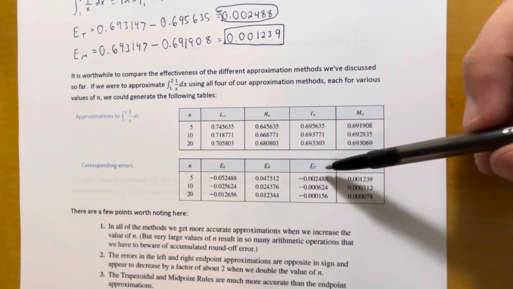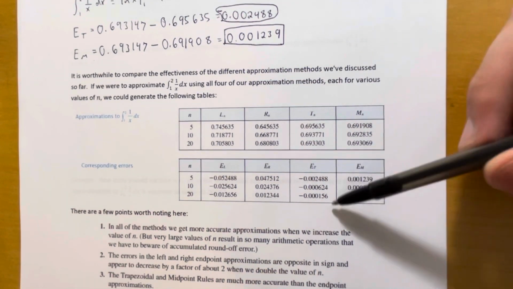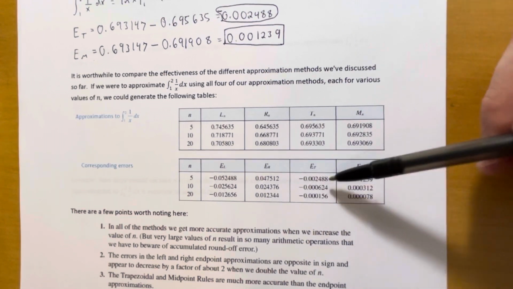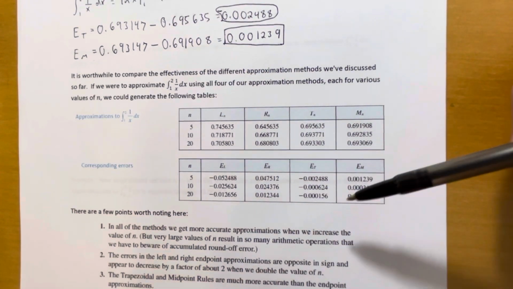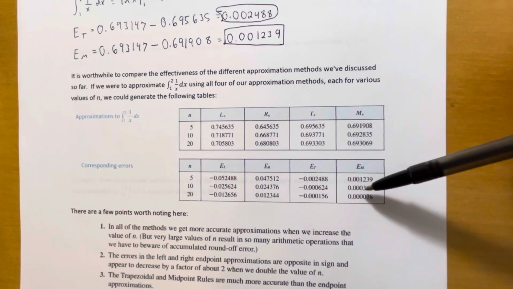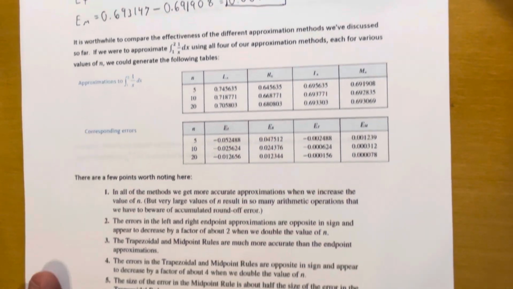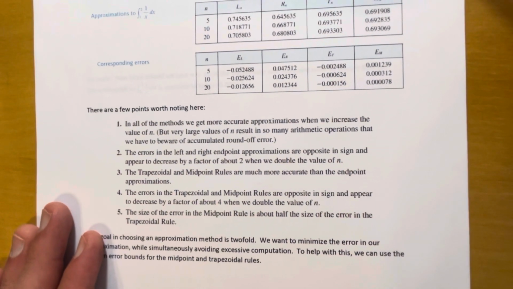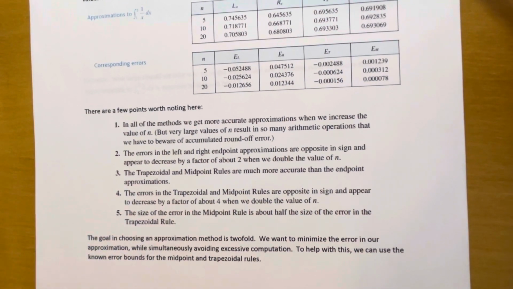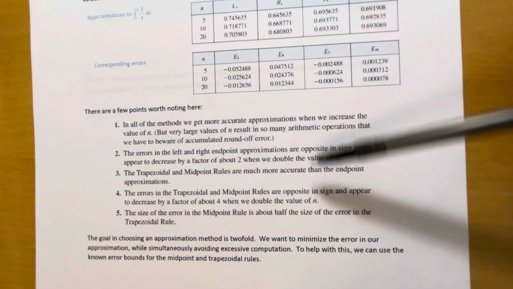And when I compare the trapezoidal rule to the midpoint rule, if I take absolute values of all of these, I'm still seeing my midpoint rule giving me about half the error of my trapezoidal rule. So there are a few observations we want to make based on that to guide where we're going with this. This is also straight out of your book.